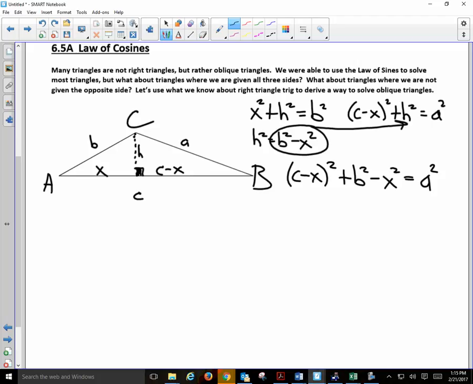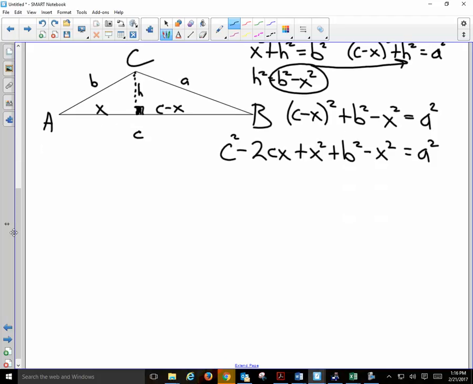Do you think we're generally given X when we're given the triangle? So I want to get rid of the X. Well, let's expand this out. What if you take C minus X and square it? What do you get? C squared... and what happens?